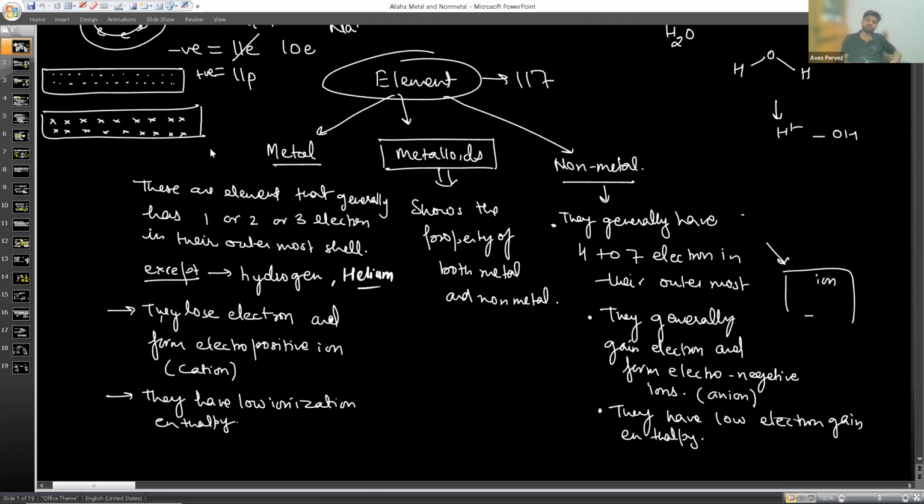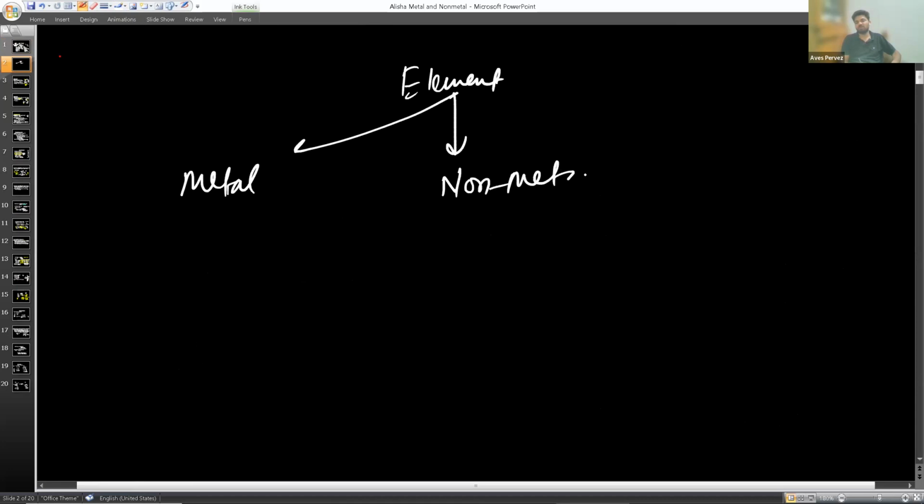Another thing: if I'm talking about elements, we have broadly classified the elements into three categories. One is metals, another one is non-metals, and the third one is metalloids, which are intermediate.